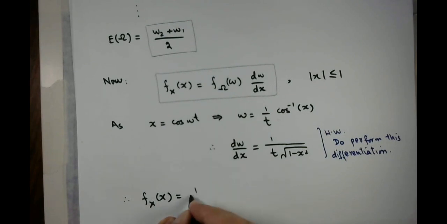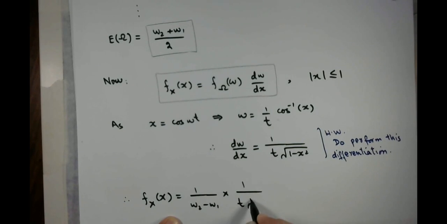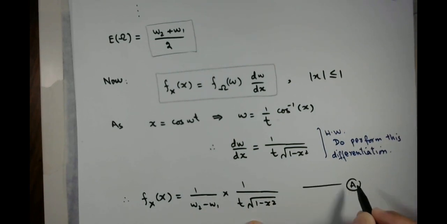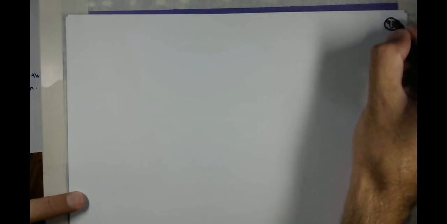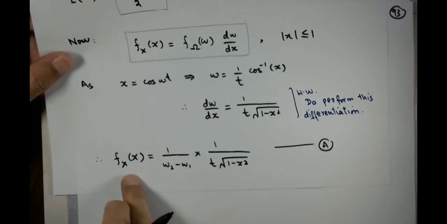So we write it as 1 over (omega 2 minus omega 1) times d omega by dx, which is 1 over t times the square root of 1 minus x square. Say this is my equation A. So we now have this equation.